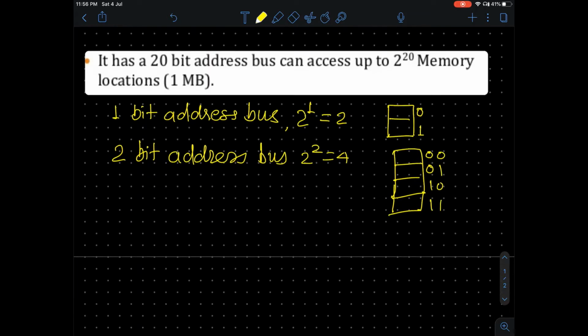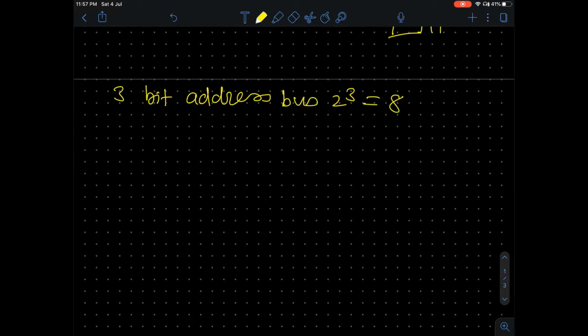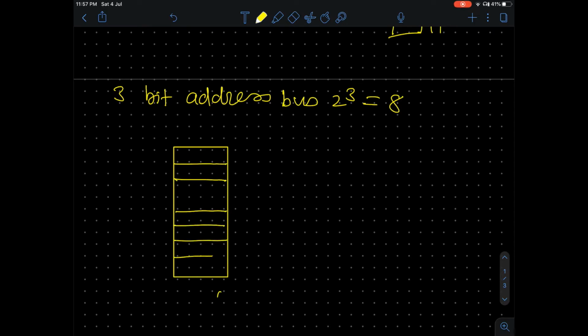Similarly, when we have a 3-bit address bus, then 2 raised to the power 3 equals 8.